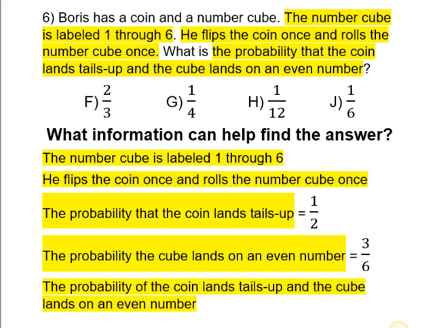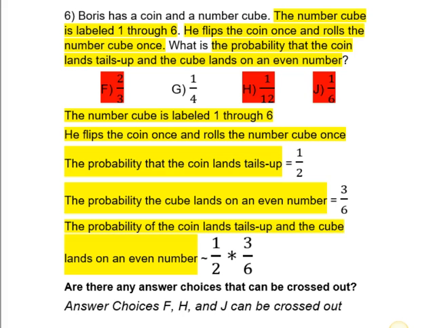Let's take a look. If you said answer choice F, H, and J, you are correct. In order to find the probability of the coin landing tails up and the cube landing on an even number, we would need to multiply 1/2 times 3/6. 1 times 3 in the numerator is 3. 2 times 6 in the denominator is equal to 12.